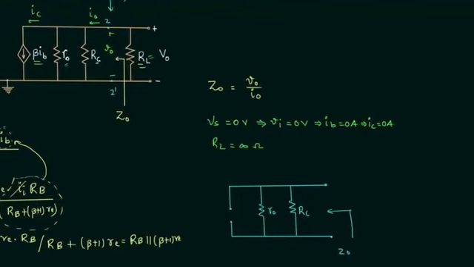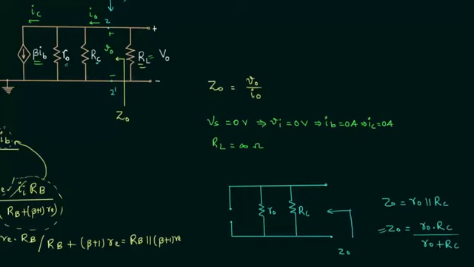Zo is equal to Ro connected in parallel with resistance Rc, or we can say Zo is equal to Ro multiplied with Rc divided by Ro plus Rc. So this is the final expression of the output impedance.